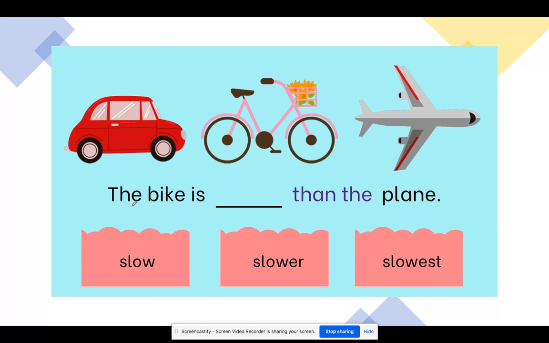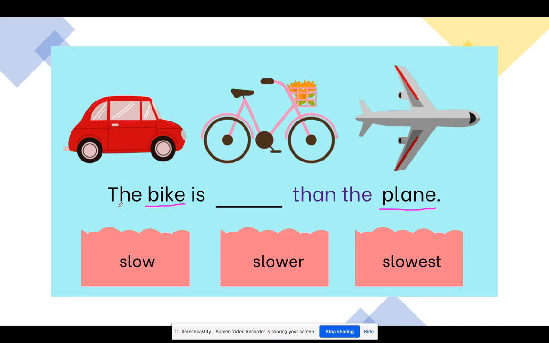Next one. The bike is then the plane. All right, let's take a look at what I'm comparing here. It says the bike and the plane. So I'm comparing 2 items. So let's think about what we need to do when I compare 2 items.